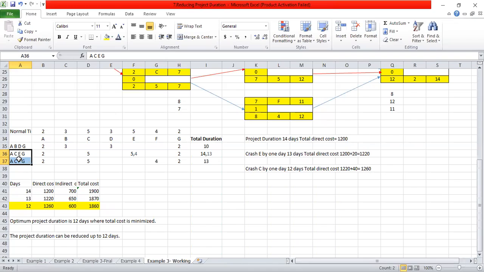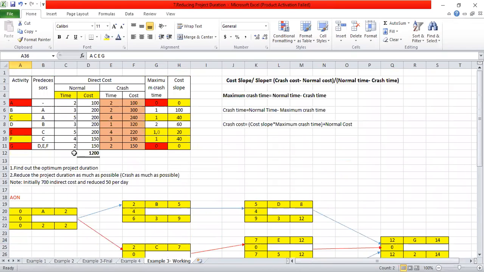Therefore, C is the only activity which is common. That means we can crash C now. The maximum crash time is 1 here, so I can crash the C activity.